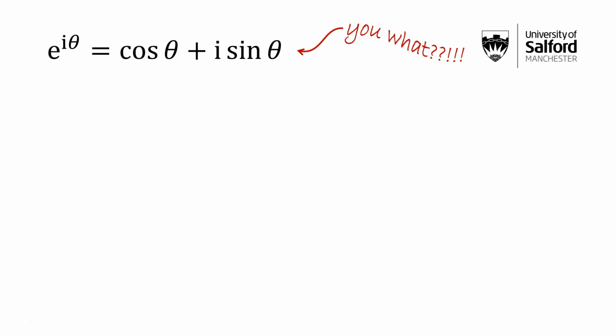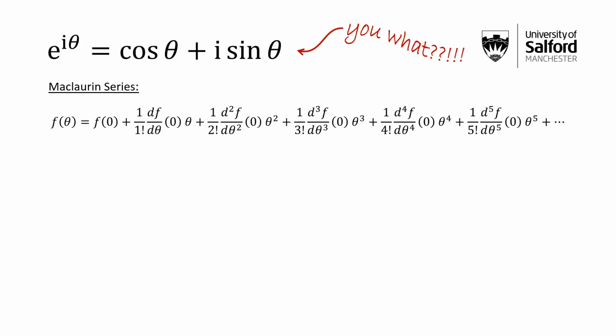What might happen? And I think the easiest way to understand it is by using something called a Maclaurin series. And again, if you don't know what a Maclaurin series is, just stop the video and look it up on Google or Wikipedia or something.